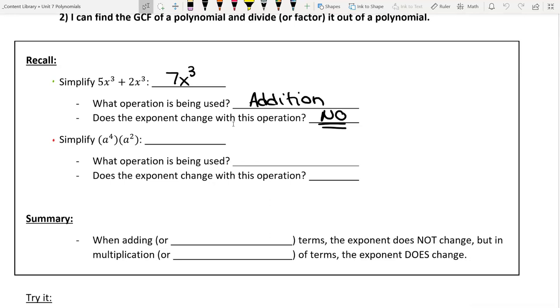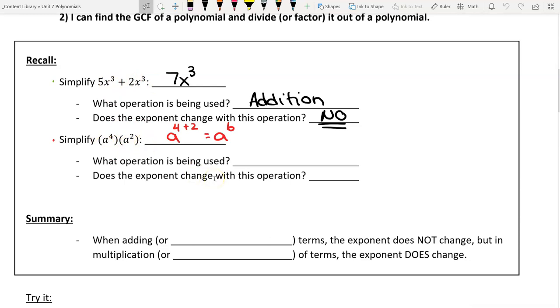They do change here, and your answer here is, I'll write it out first, 4 plus 2, which equals a to the 6th. So you got to remember that from last unit. When you have multiple a's, you're adding those exponents together to simplify it. When we have addition as the actual problem, nothing changes with the exponents. But when we're multiplying, you add the exponents, okay?